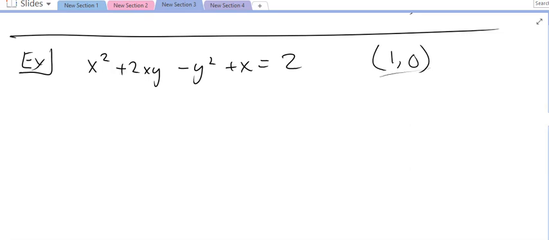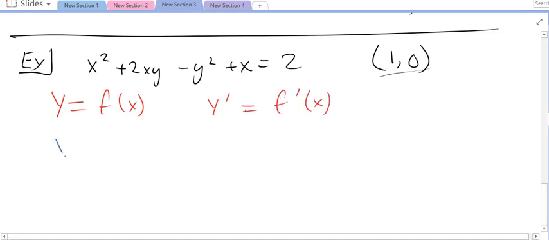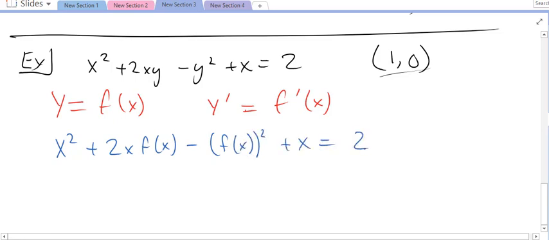All right, so again, I'm going to start by replacing y equals f of x, and then eventually y prime will equal f prime of x. So I'm going to go through and make those changes. x squared plus 2x times f of x minus f of x quantity squared plus x equals 2.